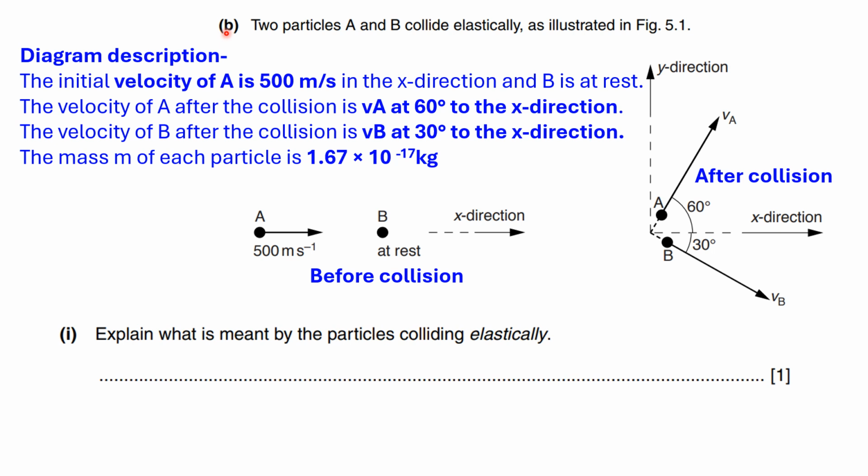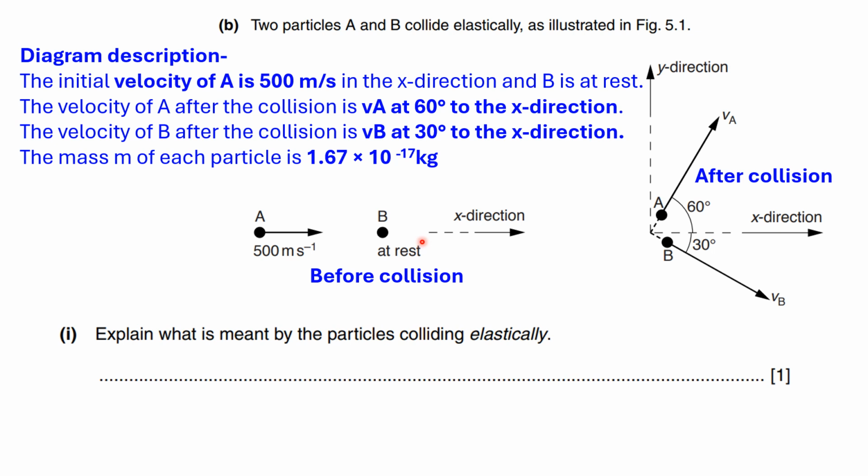Section 5B. Two particles A and B collide elastically as illustrated in this diagram. This is the description of this diagram. The initial velocity of A is 500 meters per second in the x direction and B is at rest.